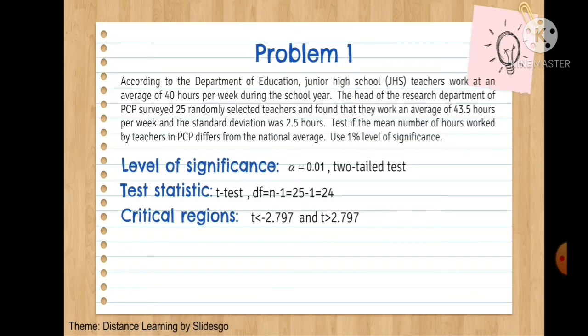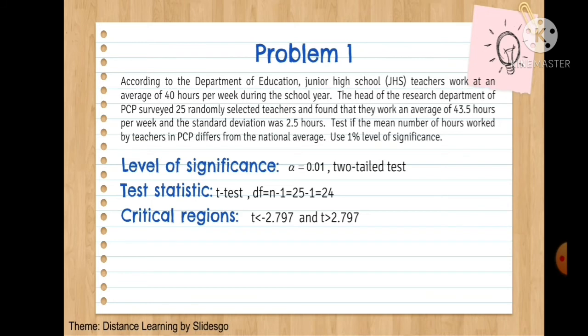So the critical regions are t less than negative 2.797 and t greater than 2.797. That means if your computed value is less than negative 2.797 or greater than 2.797, you will reject your null hypothesis because the computed value in that case lies in the region of rejection.